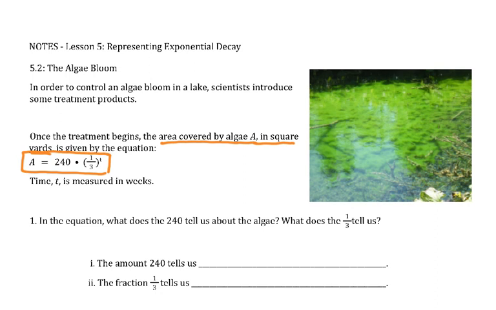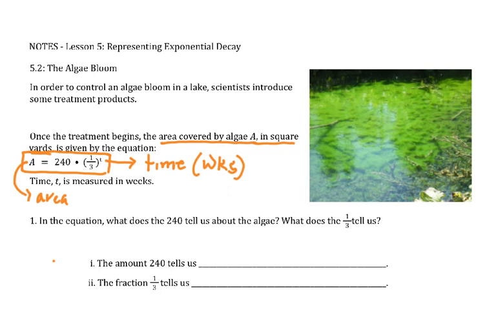So you're given an equation that represents this situation. We know that A stands for the area, and the t, which is the exponent right here, stands for time, and time is being measured in weeks. In this equation, we're supposed to answer the following questions.